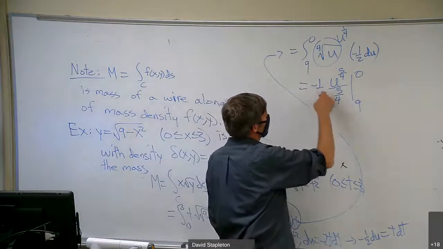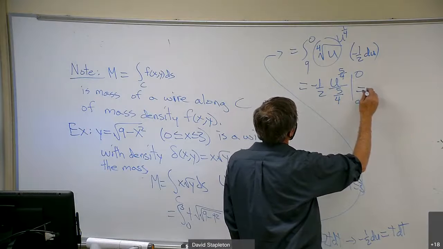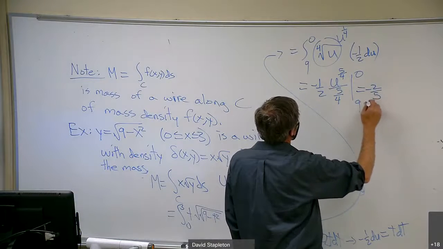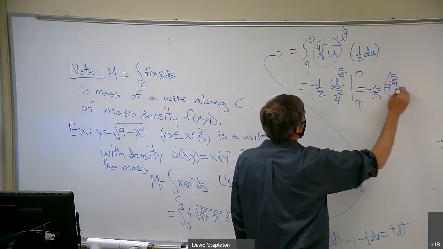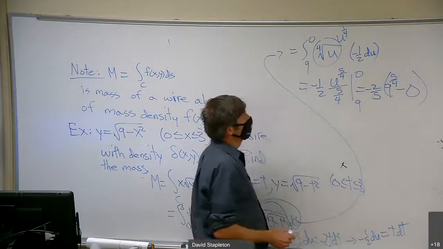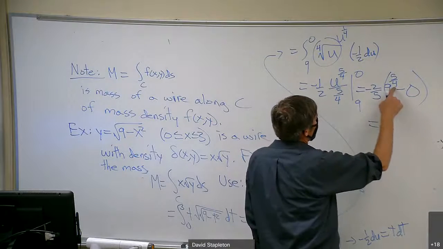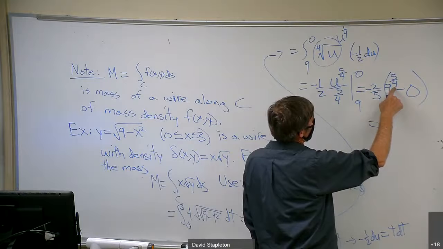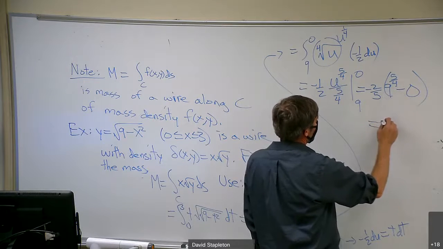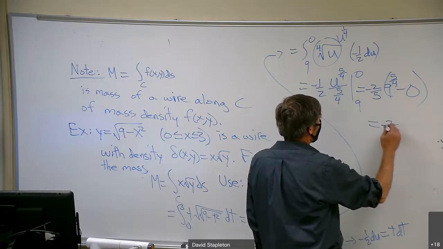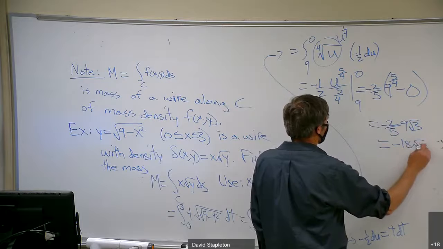This is 4/5 times minus a half, which is minus 2/5. 9 to the 5/4, 0 to the 5/4. Well, the square root of 9 is 3, so it's the fourth root of the square root of 3. Let's say I got 9 square root 3, I guess. So minus 2/5 square root 3 minus 18 square root 3.